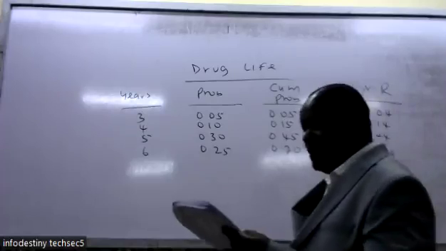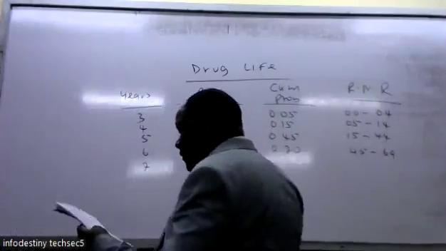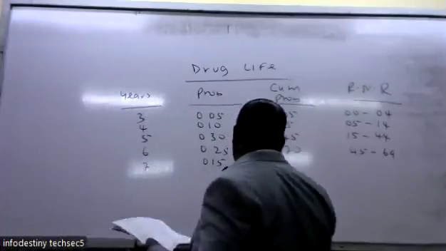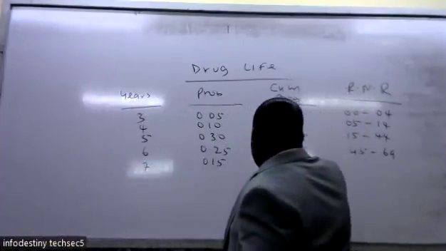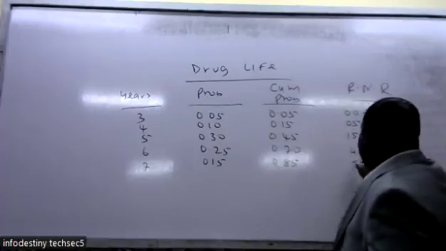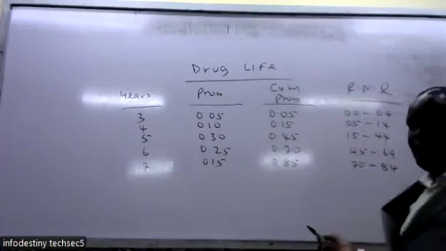69. The next one, they give you 7 years. So this is 0.15. Cumulative will be 0.85. So where does it start from? 70 to 84.